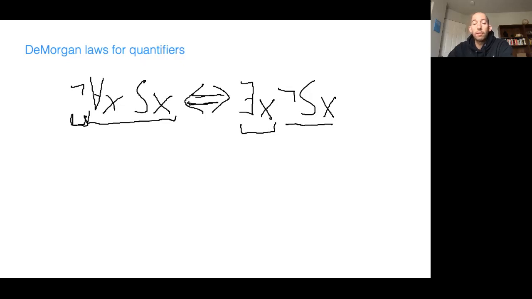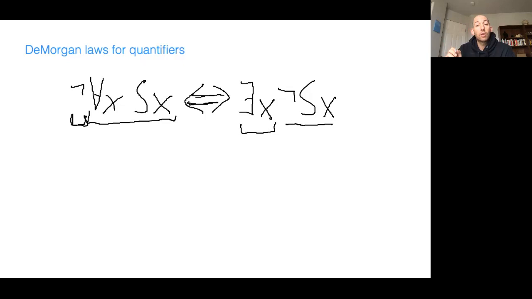If it's not the case that everything is small, that means there's at least one thing that is not small. So that's the first equivalence: the negation of a universally quantified sentence is equivalent to the existential statement that negates the satisfaction condition on the inside.